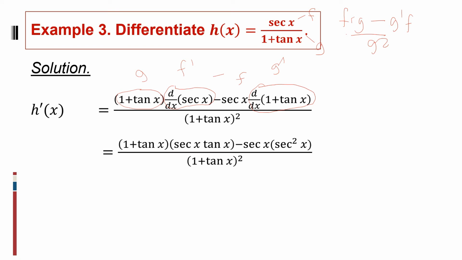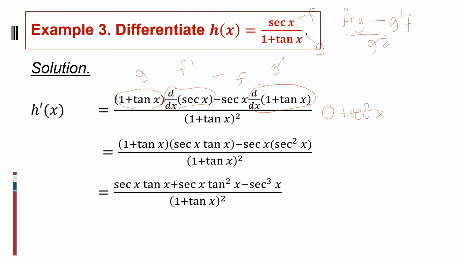Or that is, ano ba yung derivative ng secant x? That is secant x tan x. Derivative ng 1 plus tangent x is, di ba yan ay 0 plus secant squared x. Kaya secant squared x na lang. So we have 1 plus tangent x times secant x tan x minus secant x times secant squared x all over the square of 1 plus tan x.